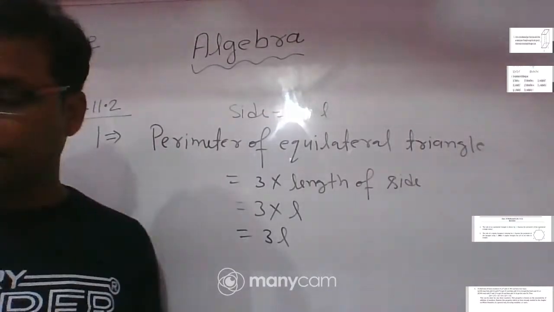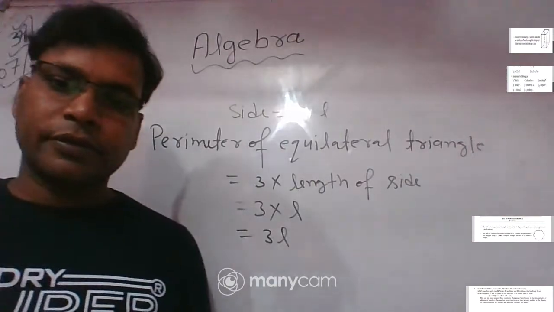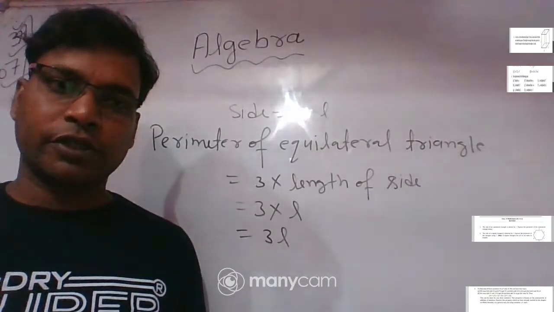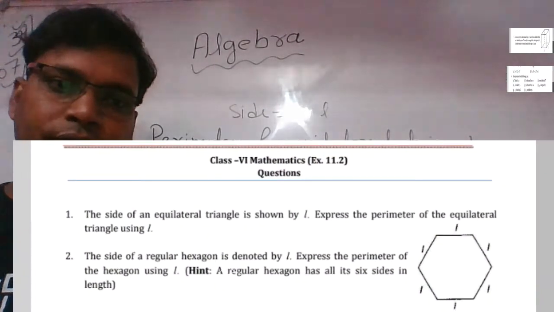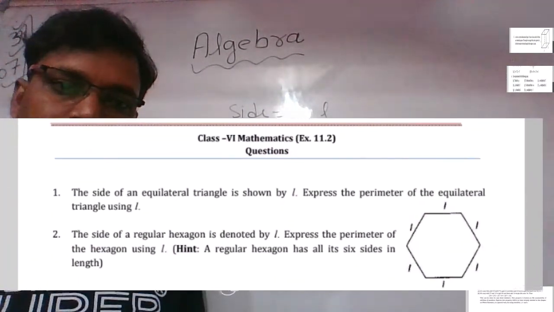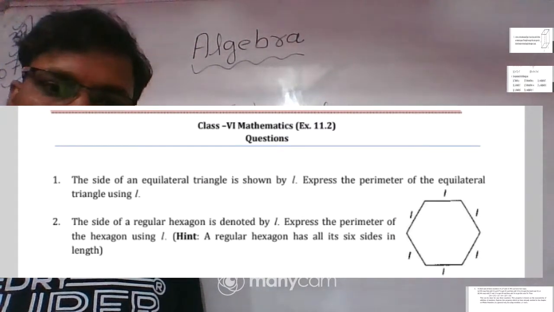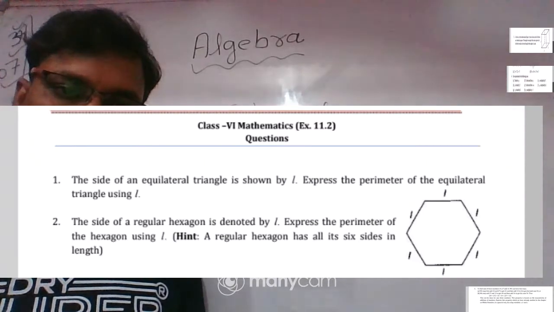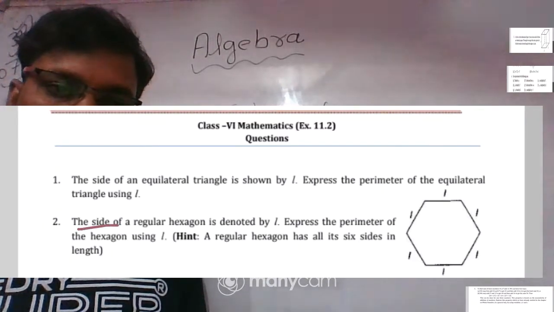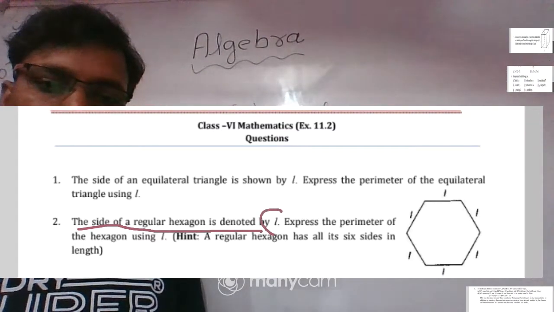Clear? Now, next question. Question number 2. Here you can see question number 2. The side of a regular hexagon is denoted by L. Regular hexagon.